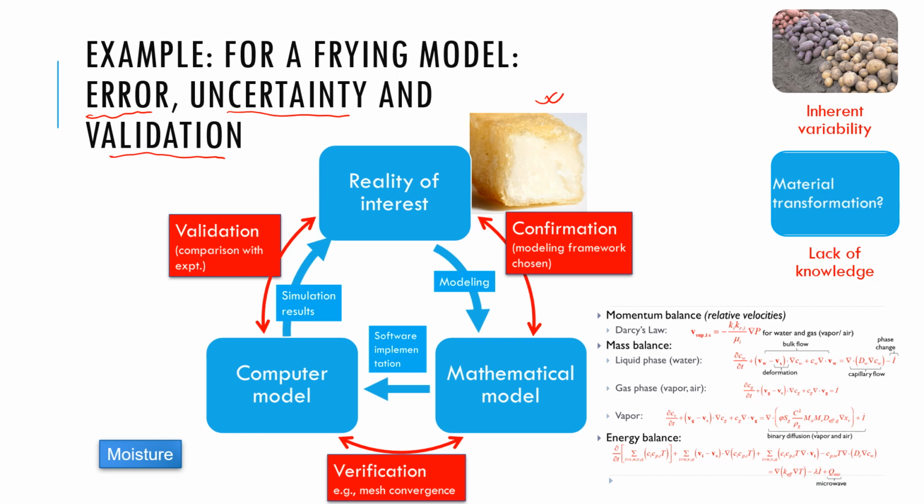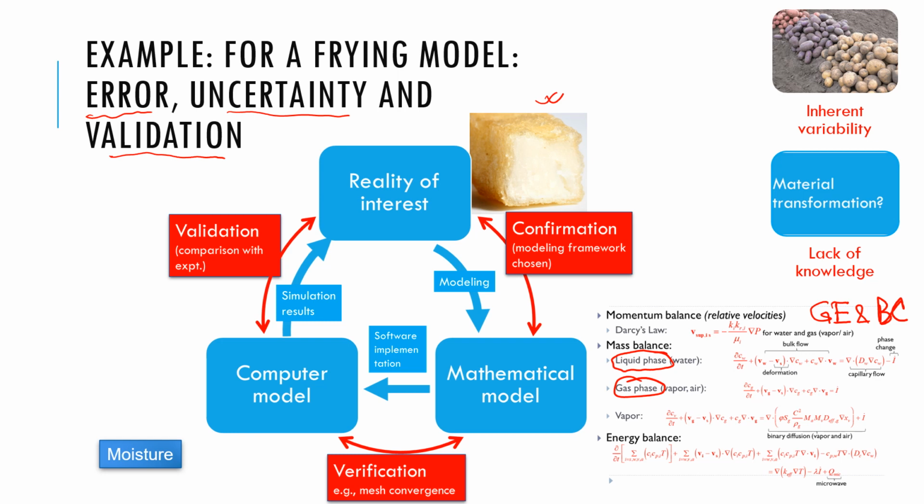So first we think of the potato as a porous medium with heat and mass transfer in it, leading to governing equations like mass balance of liquid phase, gas phase, and all those details we don't want to get into here. But we come up with a set of governing equations and also boundary conditions.